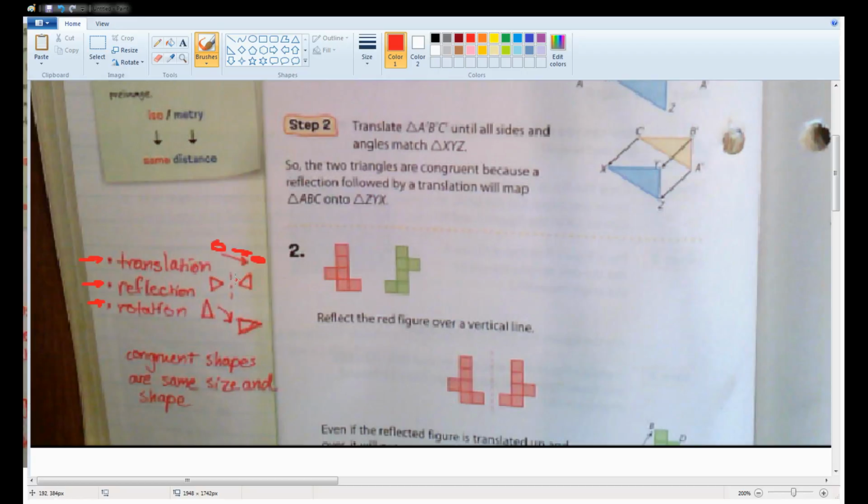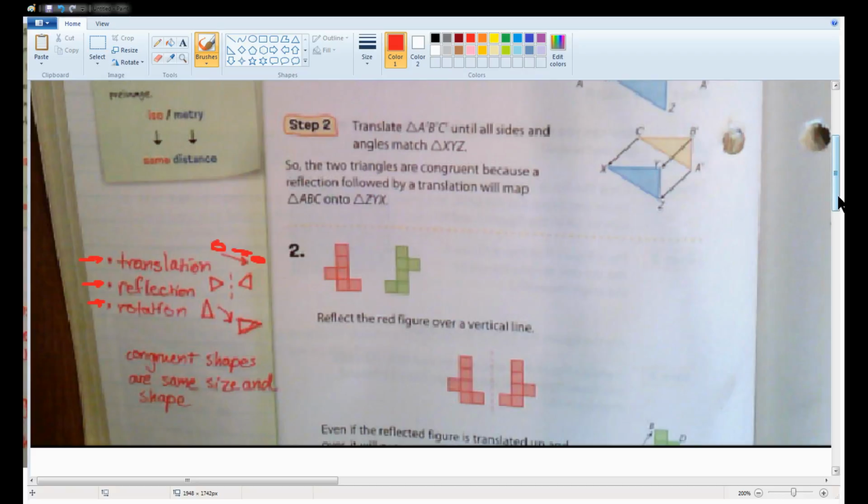Reflection means flipping a shape over a line of reflection or mirroring it. And rotation means spinning it, so turning it on its side, going 90 degrees or 180 degrees clockwise or counterclockwise. All three of these changes keep a shape congruent.